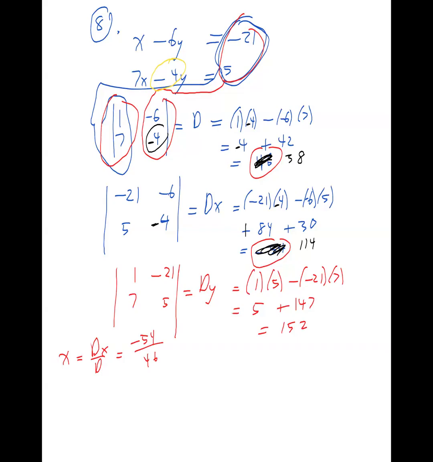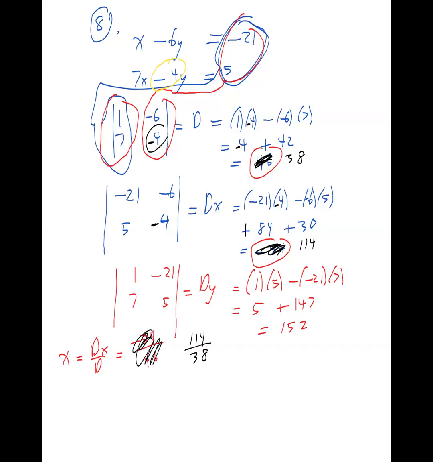All right, so that's the only two times that the negative 4 was affected by that mistake that I made. So x actually should be dx, which is actually 114 divided by d, which is 38.